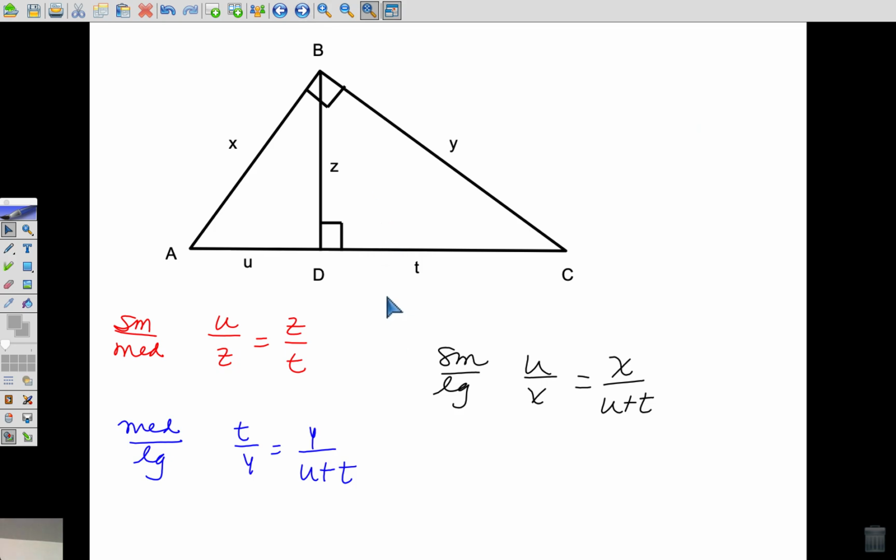So if we look at this, we can see if z is our internal altitude, it is the geometric mean between u and t. And here is our ratio right here in red.